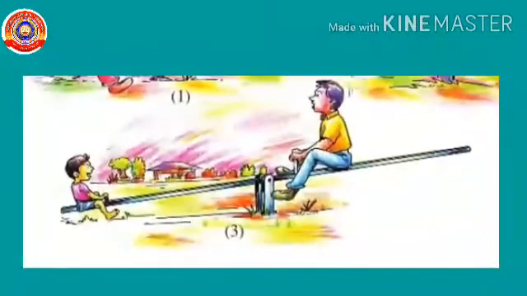In the third case, the smaller boy sits away from the hinge on which the seesaw turns, but the bigger boy sits near to the hinge. This is why the small boy can lift up the bigger boy.